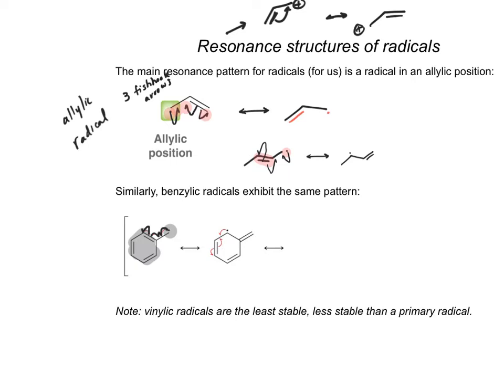It's in an allylic position, so we can use a fishhook arrow for one of our electrons, a fishhook arrow for the other, and a fishhook arrow for the other. The product has a double bond here, a double bond here, and now we have our radical out here.